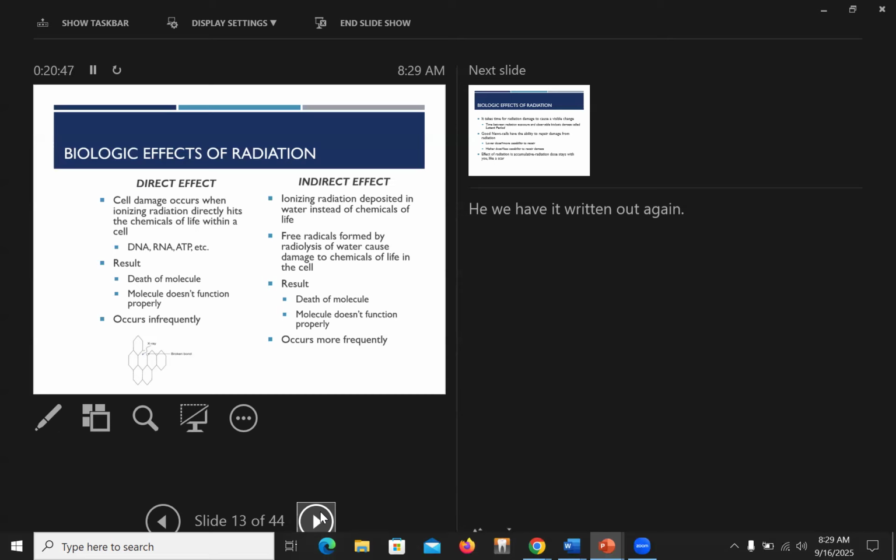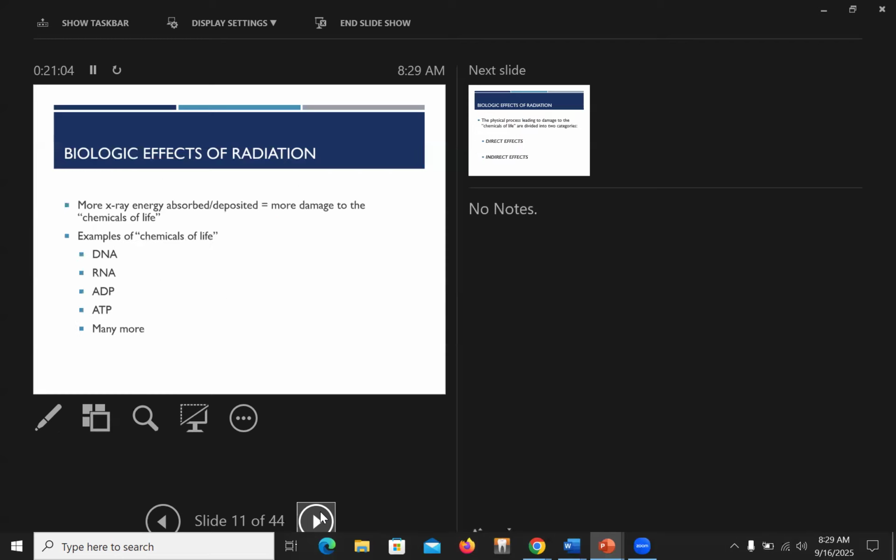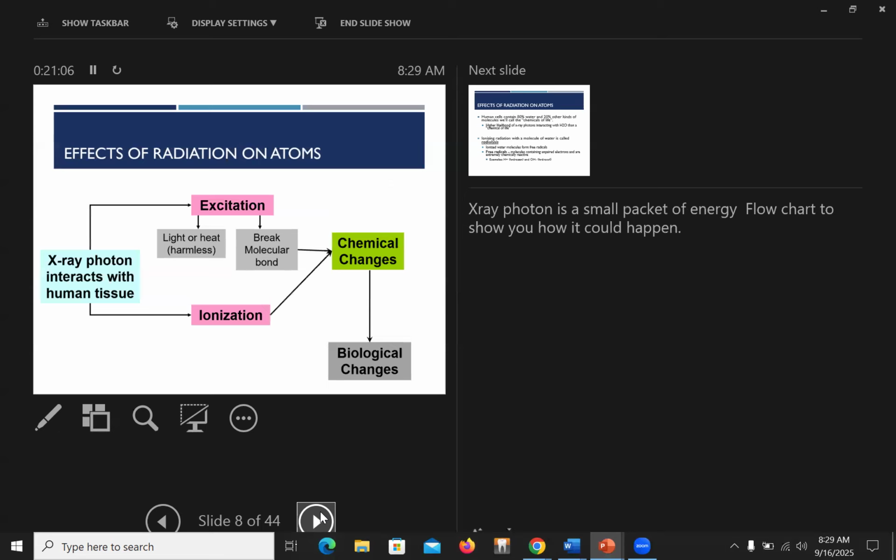Ionizing radiation with the indirect effect is going to cause the chemical breakdown, or the molecular bonds to break down, which will then lead to either cellular death or just altered function of the cell. So the indirect effect, if I back up to something like this here, when we look at the excitation and we go from just harmless excitation to breaking of the molecular bonds, that's an example of indirect effect.